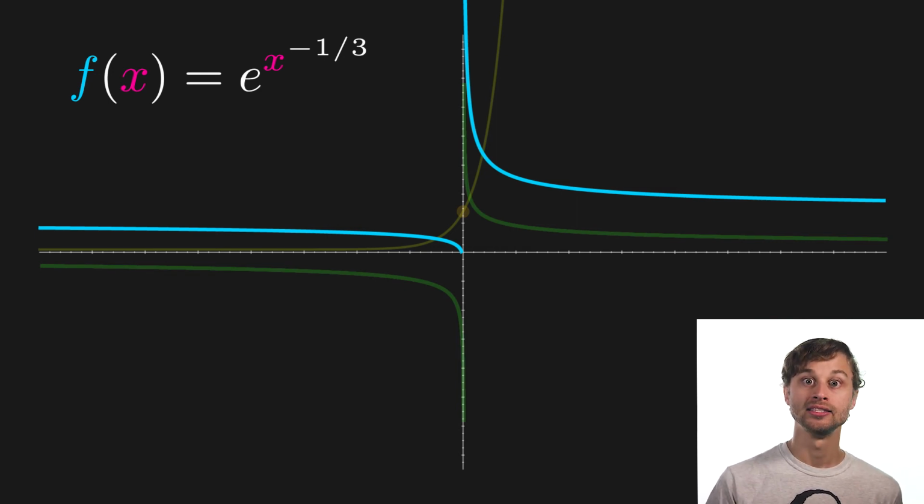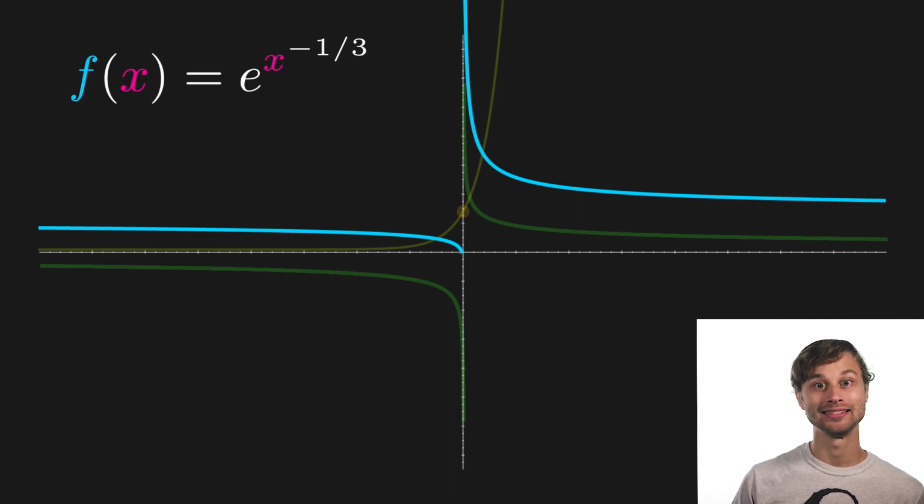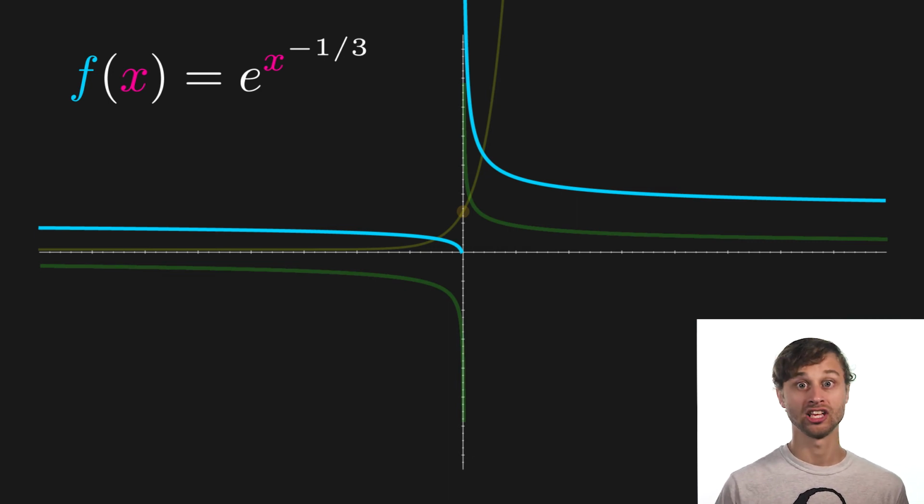What about at 0? Well, we can see that at 0, the power function is undefined. So we are going to get an undefined value for the whole compound function. And indeed, this function looks a little bit strange at around x is equal to 0. That's because these functions are doing two different things at x is equal to 0.